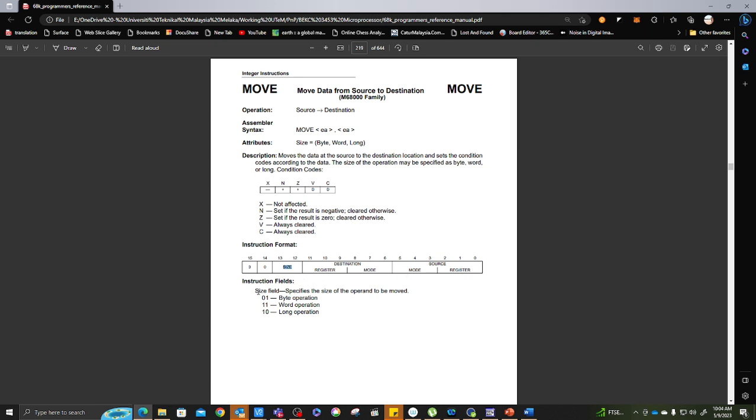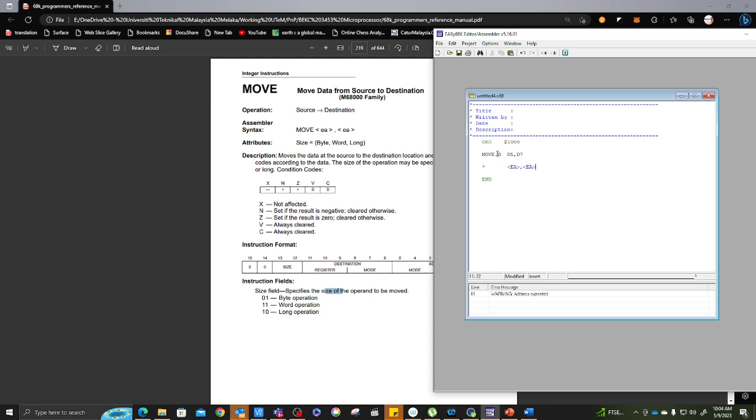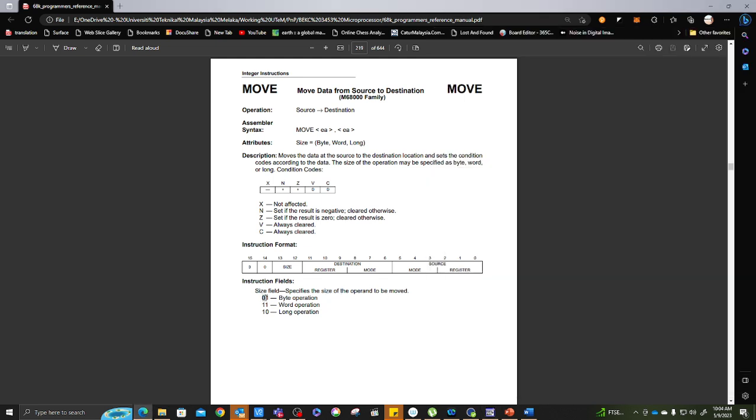Next, you read the instruction fields. These are the fields that you need to fill in. The size field is based on the size of the operand. In this case, you are looking at the byte, so you have to use 01 there.